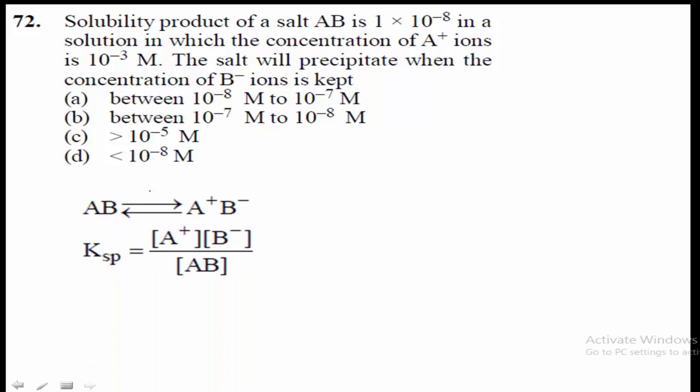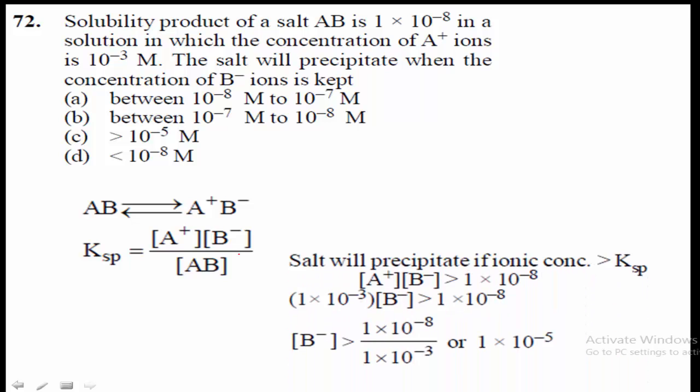Here, the reaction can be represented as AB gives A plus and B minus. This equilibrium constant can be represented as concentration of A plus into concentration of B minus upon concentration of the reactant, that is AB. So the salt will precipitate if the ionic product is greater than Ksp.